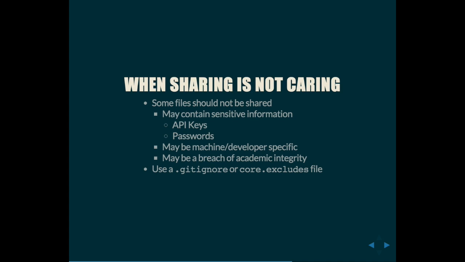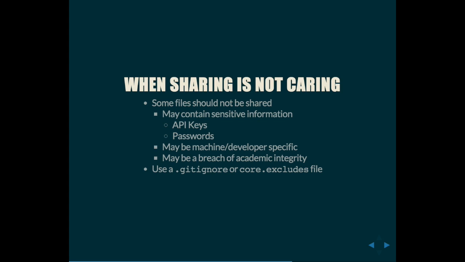Now, sharing is not always caring, as I asserted just a moment ago. You might be tempted to add certain files to your Git repository and maybe push them that really shouldn't be shared. These are things like API keys, anything that involves passwords, or other things that should not be given to other people that are not you or members of your team. SSH private keys, that too.